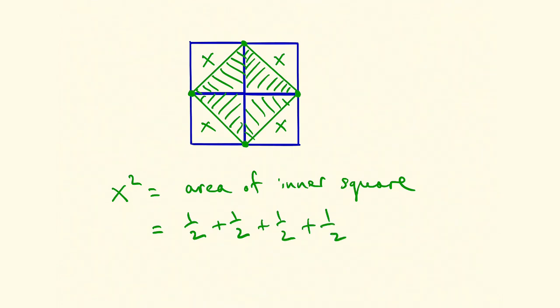So I'm adding a half 4 times, which gives you 2. So the area of the inner square, it's all shaded now in green, is 2 units. So x is a number whose square is 2, so x is the square root of 2.